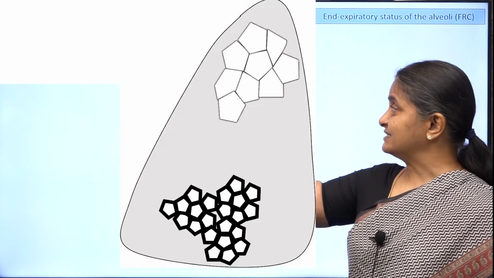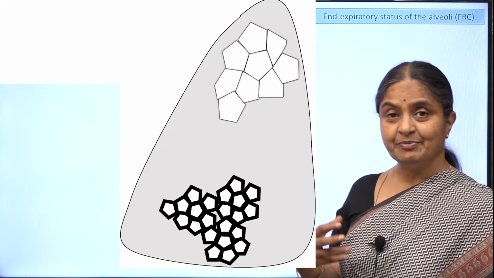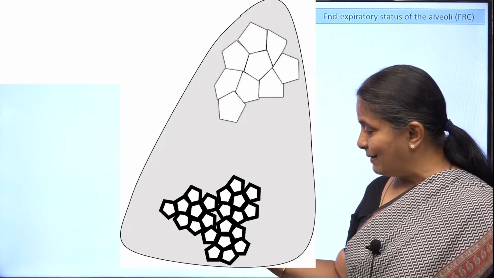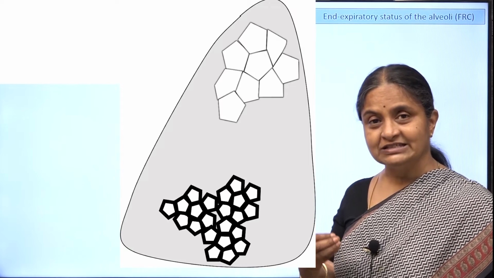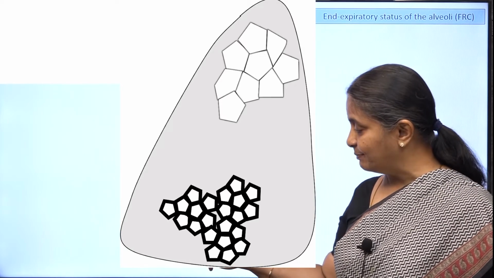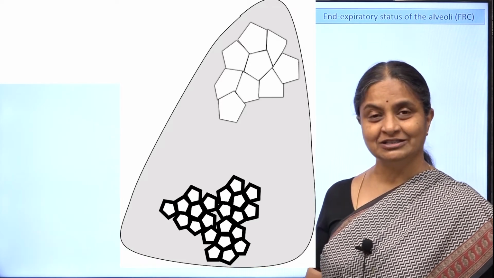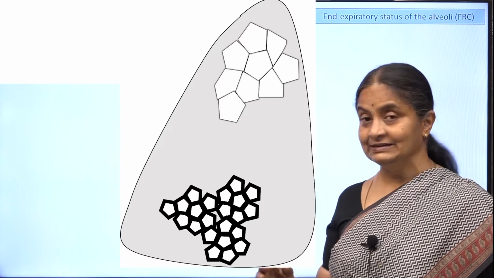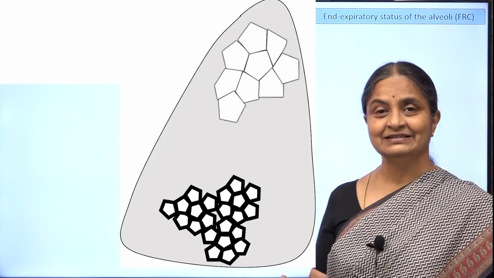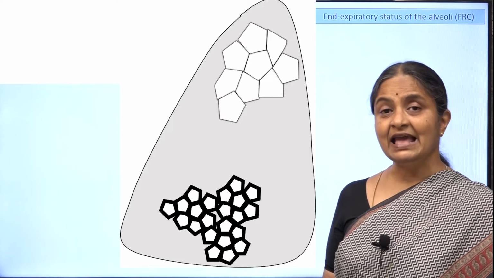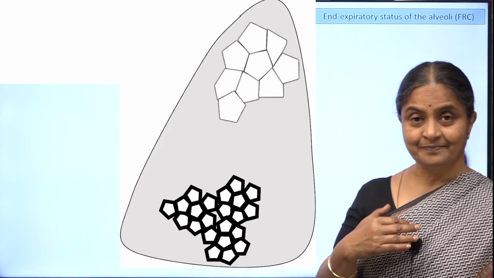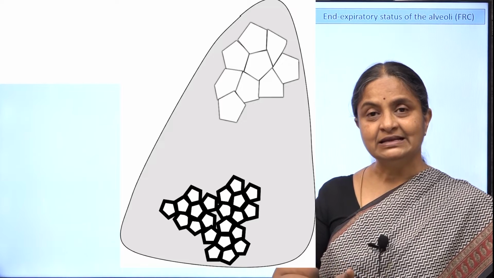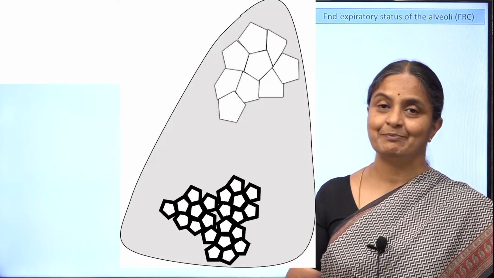All the white spaces within the alveoli represent the air held in the lung, and whatever is in black is in the alveolar walls, the septa, and represents the blood that is there in the alveolar walls. Draw your conclusions about the amount of air held and the amount of blood held in the lungs in the end expiratory state, the end of normal expiration. That is when the lung is at the functional residual capacity.